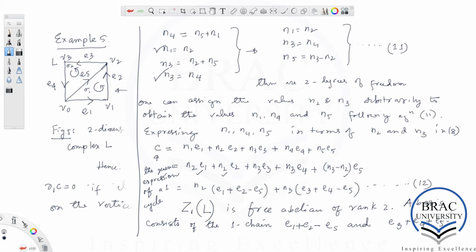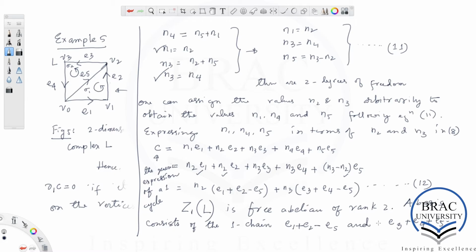I'm sorry, I think they are not elementary chains. So we have a basis which consists of two one chains, each of which is a linear combination of the elementary chains.